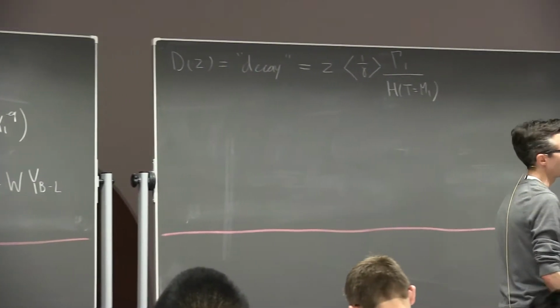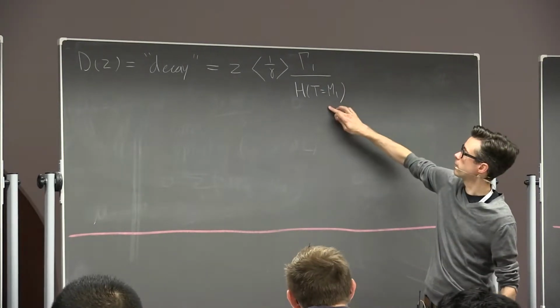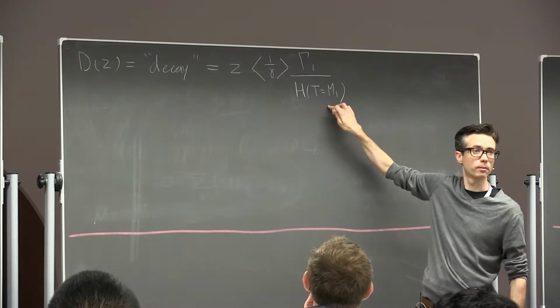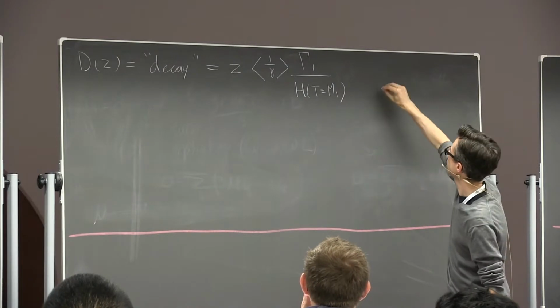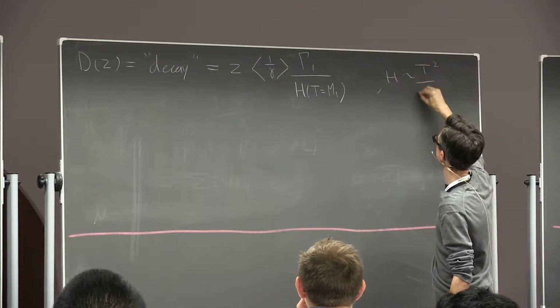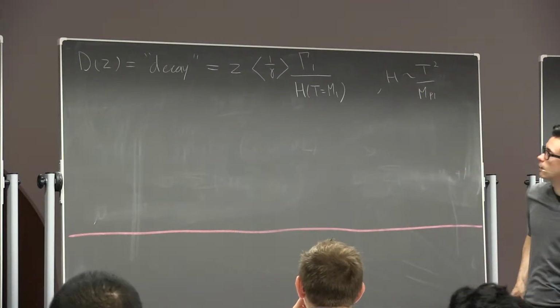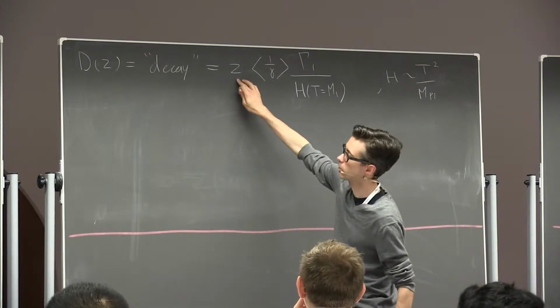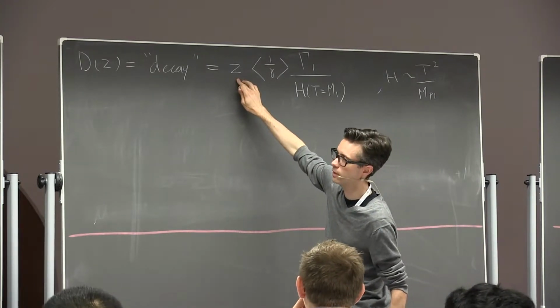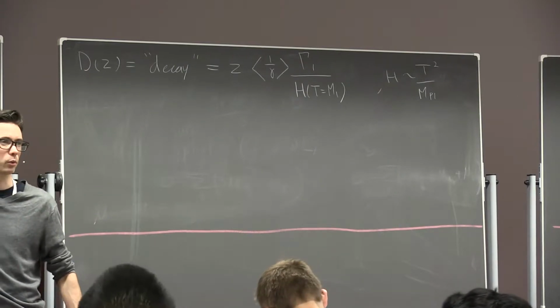The decay coefficient is just the decay rate of the N1 state normalized to Hubble when the temperature is equal to M1. And if you recall, Hubble goes like T squared over M Planck. Now, the appearance of Z here just comes about because of the way I change my variables in the differential equation.